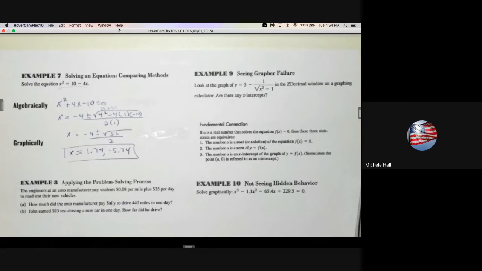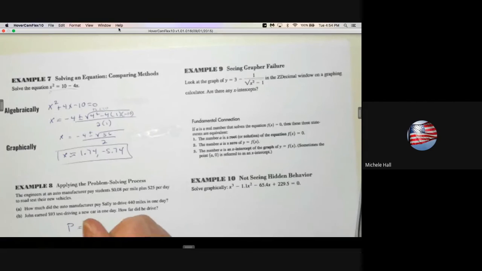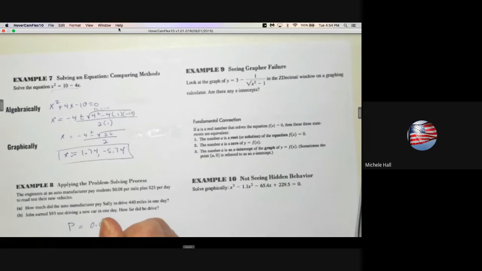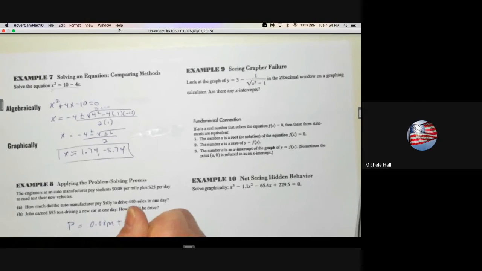Well, let's see what we have here. They both earned $25 per day, and the pay would be 8 cents per mile. So 8 cents per mile plus a flat fee of $25 a day.